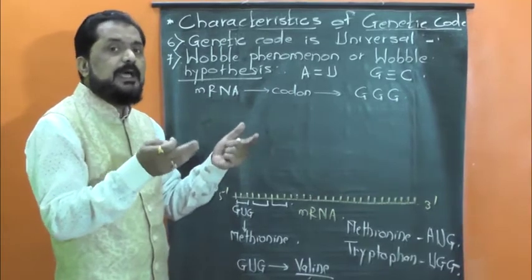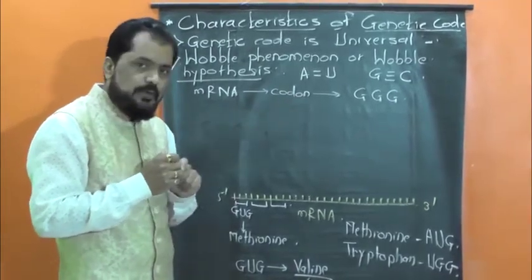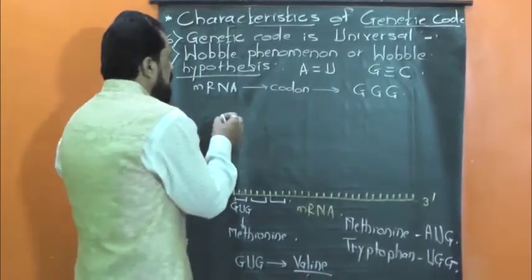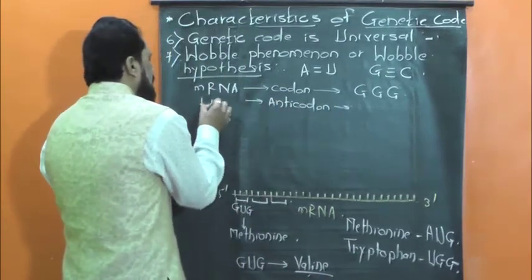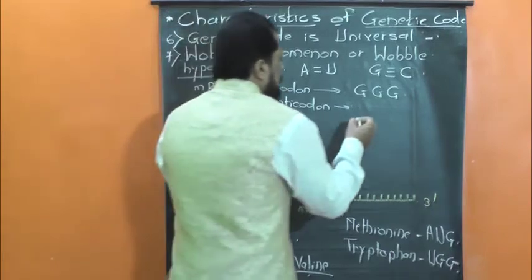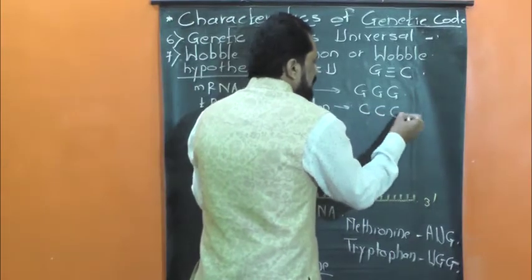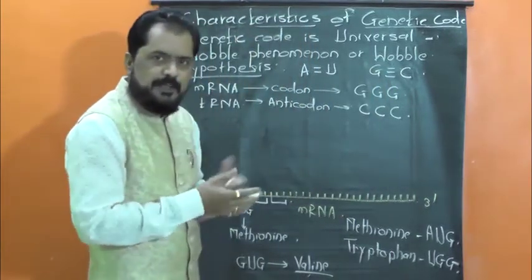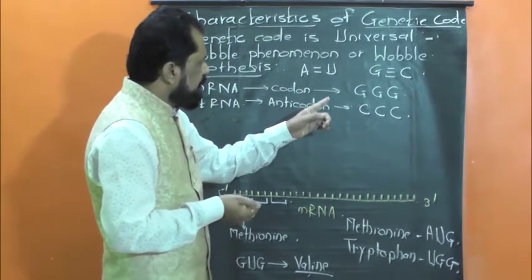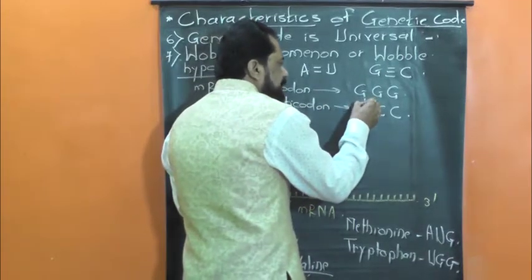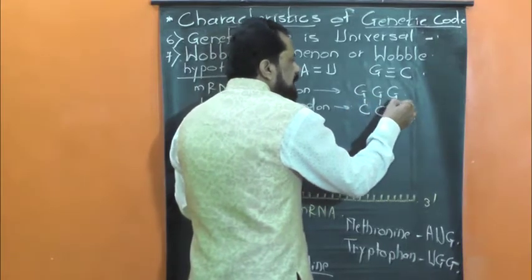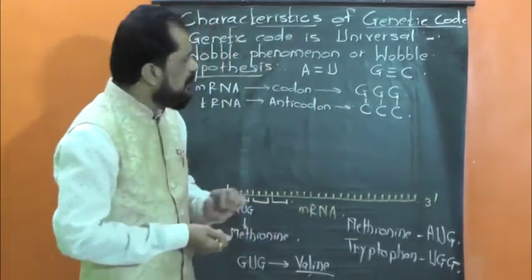So what would be the anticodon for this codon? Obviously the anticodon present in tRNA will be CCC.